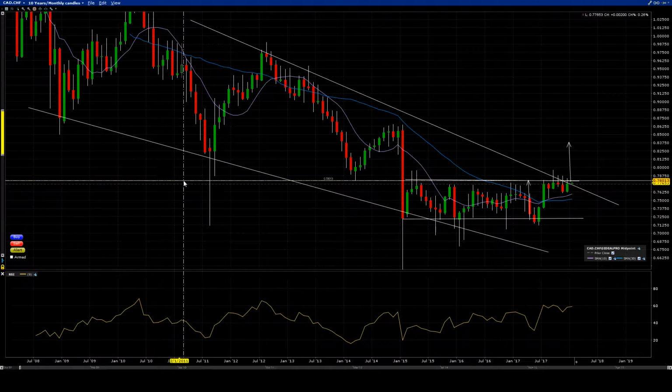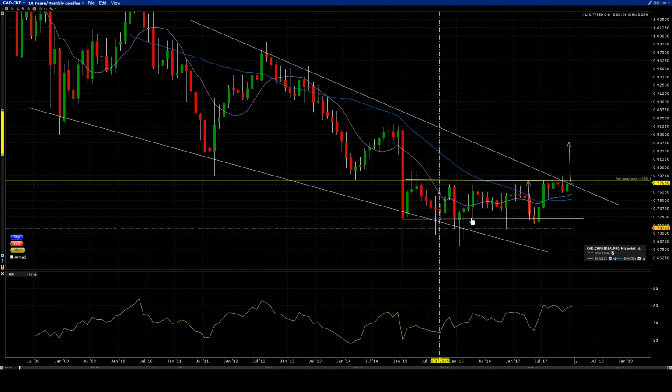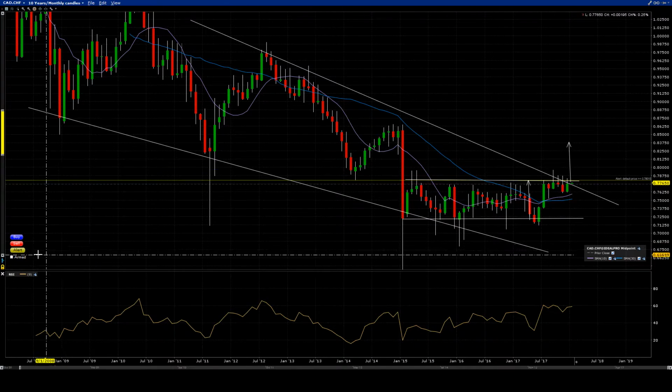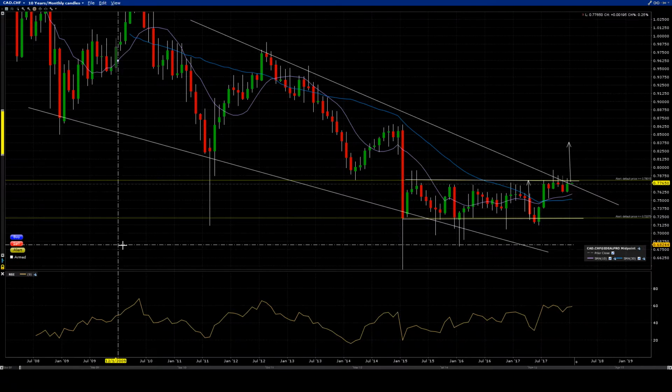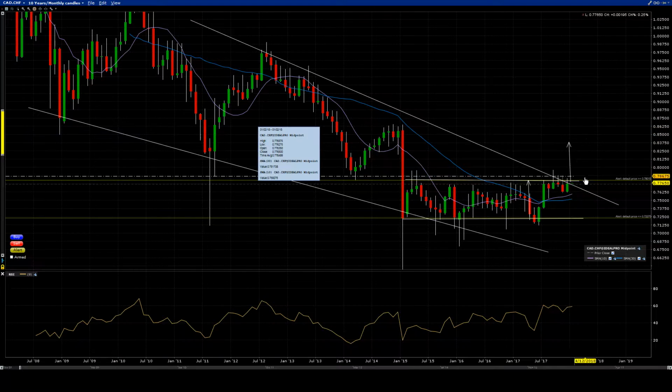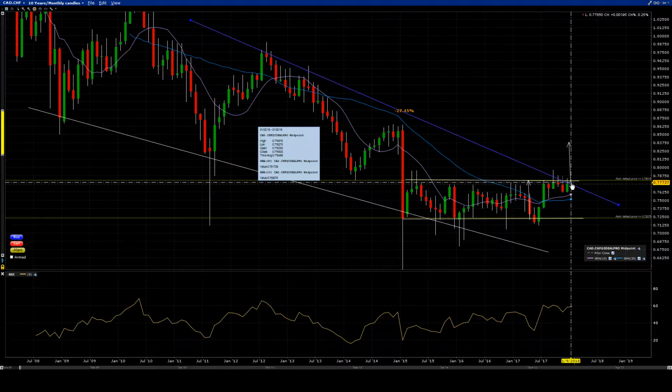So it seems we have resistance here around the .78 level. I'm just going to reset my alert here at this .78 level. And we have support identified here around the .72 level. Maybe set my alert right there. You see a few wicks above the breakout level.